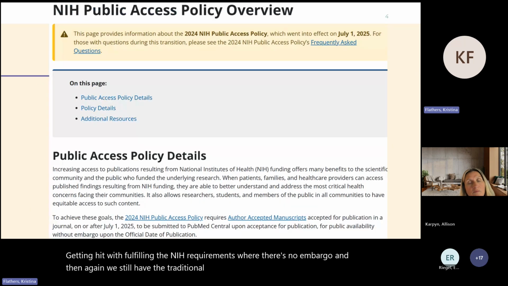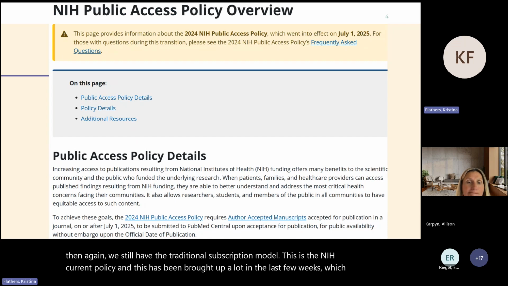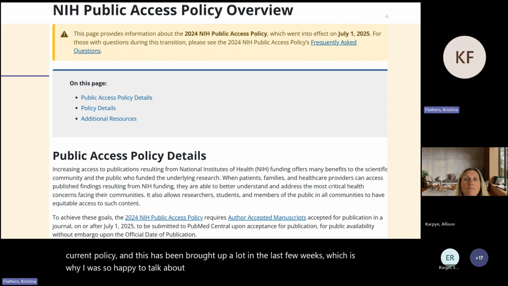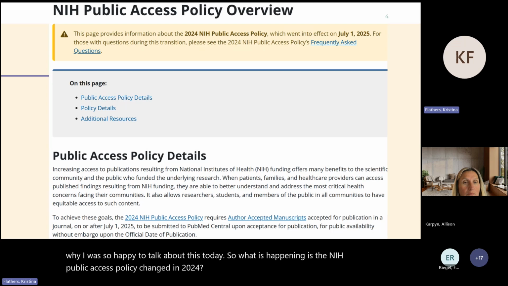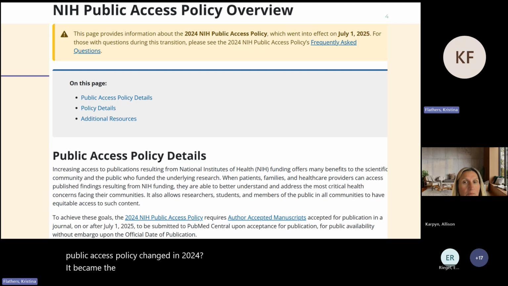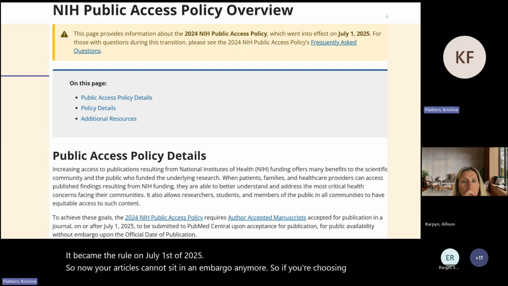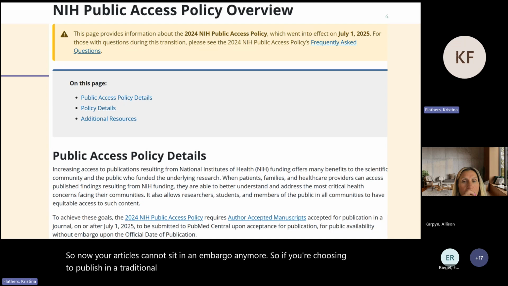This is the NIH current policy, and this has been brought up a lot in the last few weeks, which is why I was so happy to talk about this today. So what is happening is the NIH public access policy changed in 2024. It became the rule on July 1st of 2025. So now your articles cannot sit in an embargo anymore. If you're choosing to publish in a traditional subscription model, they're now going to offer you that gold open access hybrid model where you have to pay.